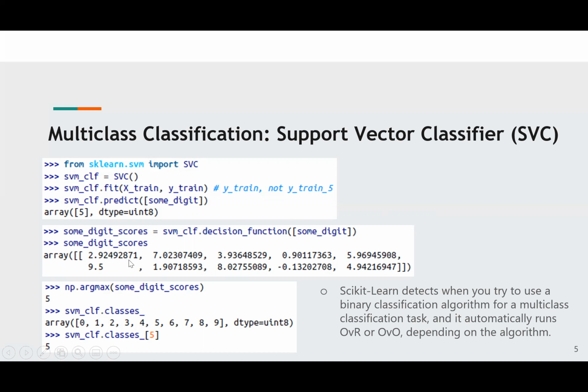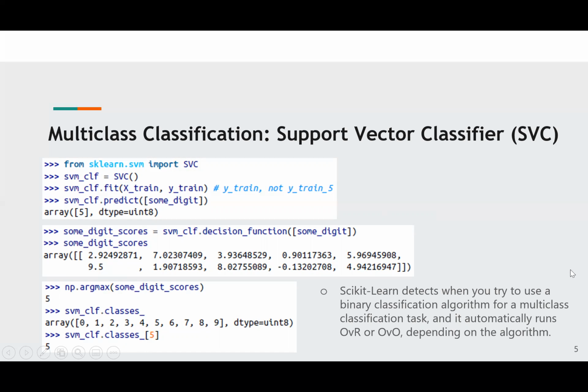If it's 0, then it has a corresponding value of 2.9. Predicted to be 1 has a corresponding value of 7, and all the way you can see that it's 5. Classes 0, 1, 2, 3, 4, 5 indeed, 5 has the highest score. So outputting this score, which is the argmax of the some_digit scores, turns out to be 5. As a result, the class of this particular image, some_digit, X[0], is indeed 5.